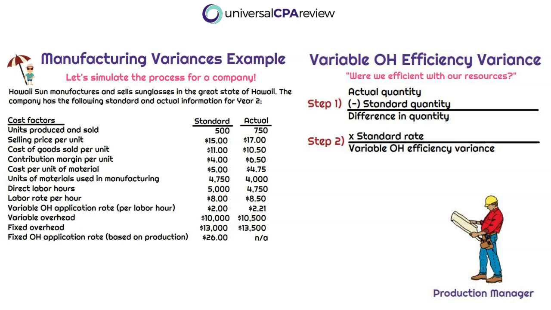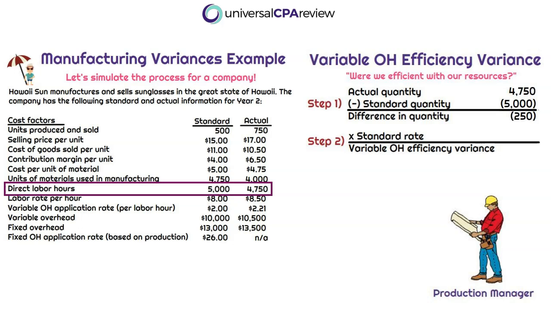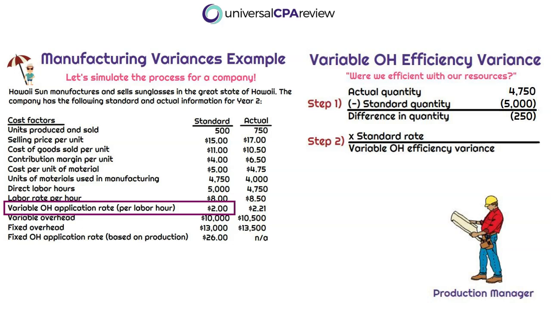Similar to our other usage or efficiency variances, we're not as much focused on the rates, but instead we're focused on the driver of volume, which again was labor hours. So the actual direct labor hours was 4,750. The standard was 5,000. Difference there is 250. Now in this case, in step 2, we're multiplying by that standard variable overhead application rate, which was $2. And that results in a variable overhead efficiency variance of $500.